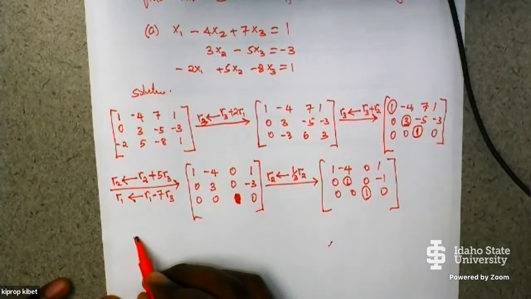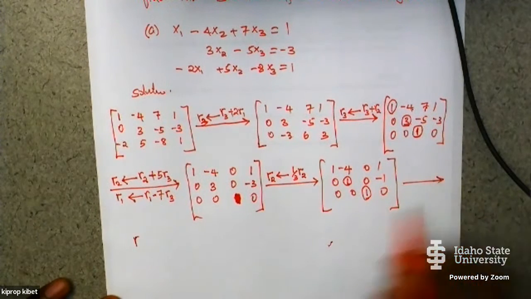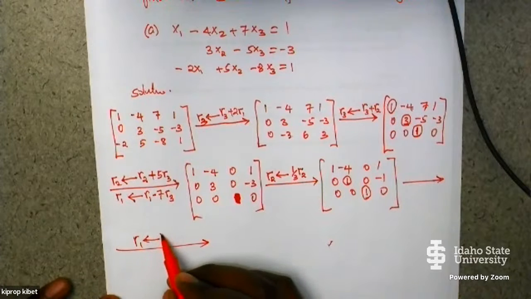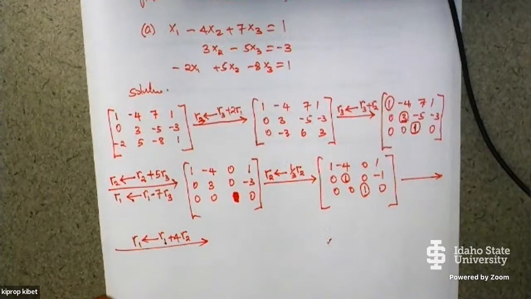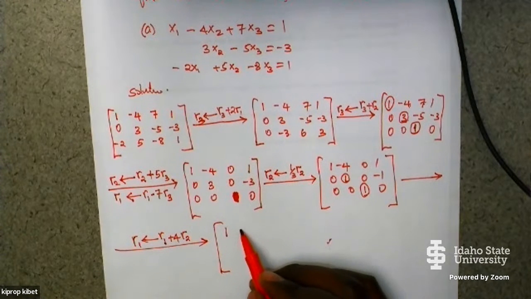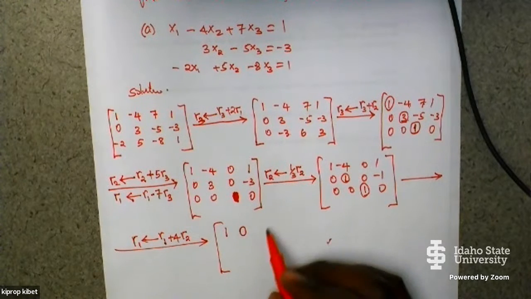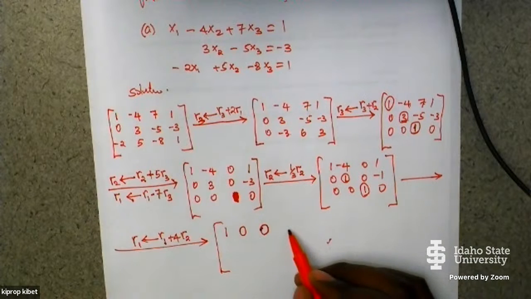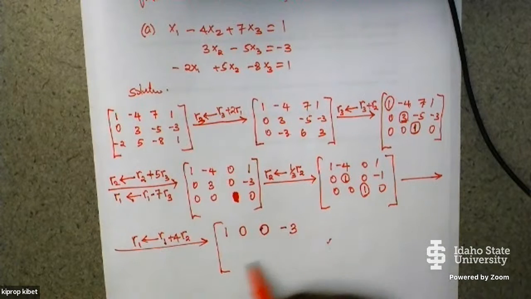So what will be our new R1? Our new R1 will be R1 plus 4 R2. So finally, we get 1, 0, 0, and the last one is 3.